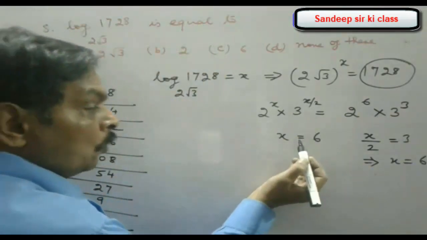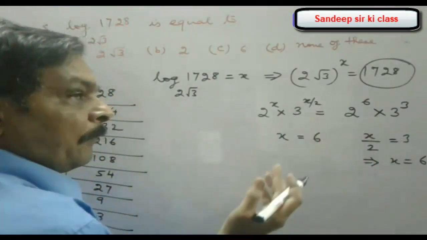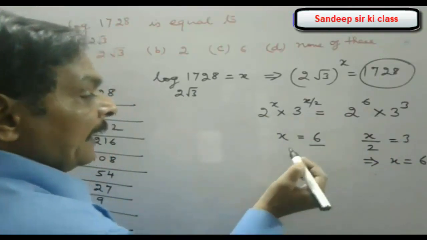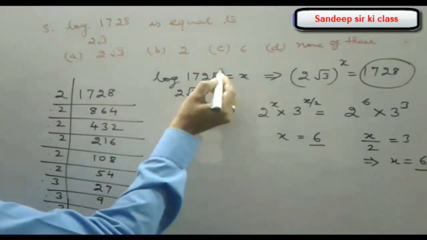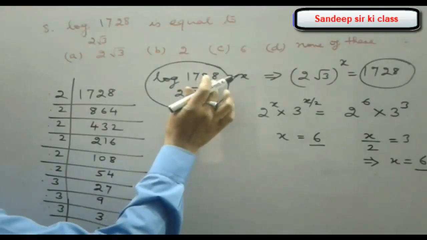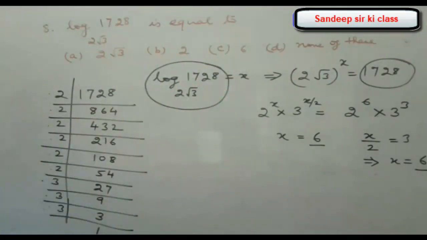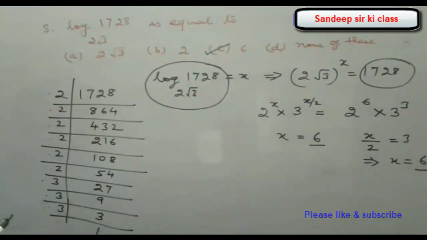So the value of x when compared on both the sides of powers 2 and 3 respectively, we obtain x as 6. So what is x? X is the log of 1728 to the base root 3. So we obtain its value as 6. So our option C is the correct option.